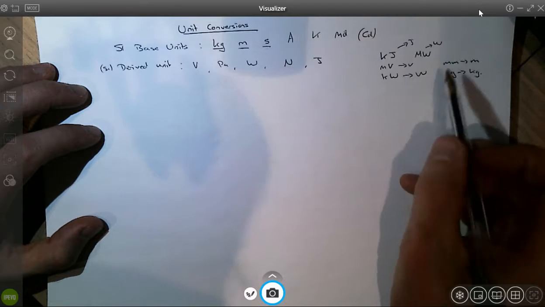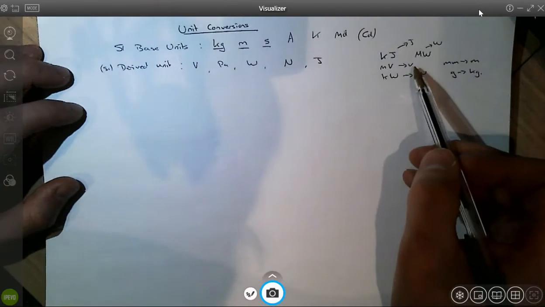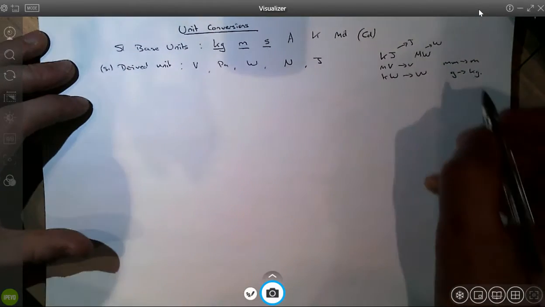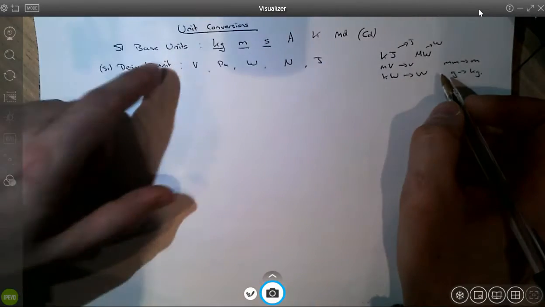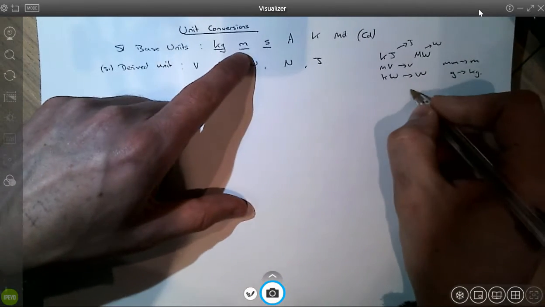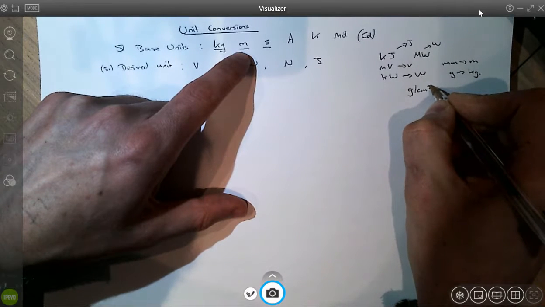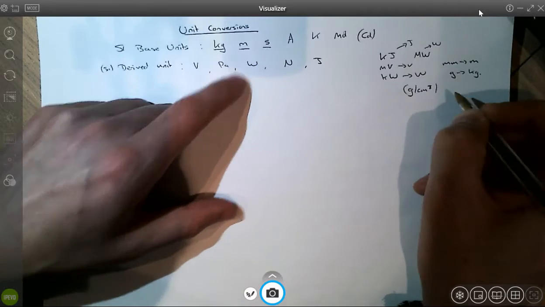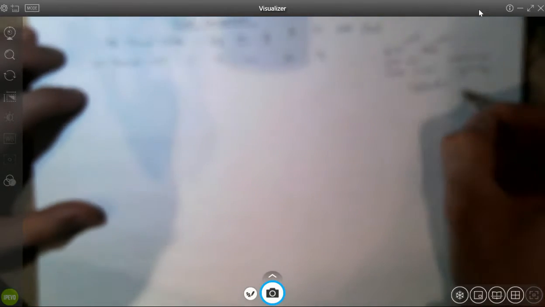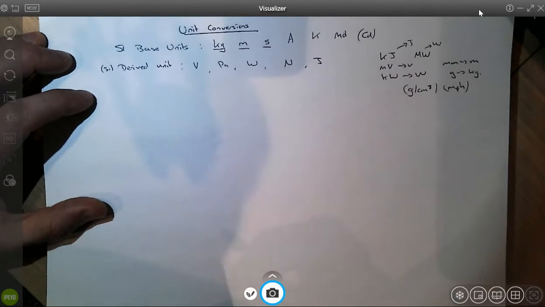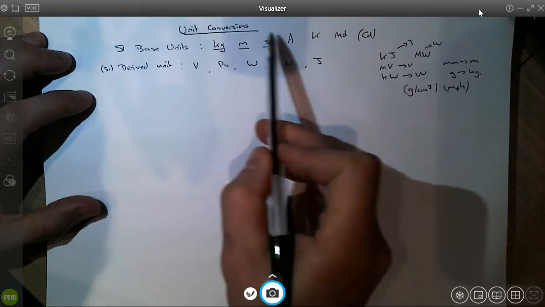And 99% of the time, if students do this, it's the right thing to do. Very occasionally, we will work in units that are not these base units. For example, we might use grams per centimeter cubed for density. That's one of the few exceptions. Miles per hour is one of the other few exceptions, but it's always these.